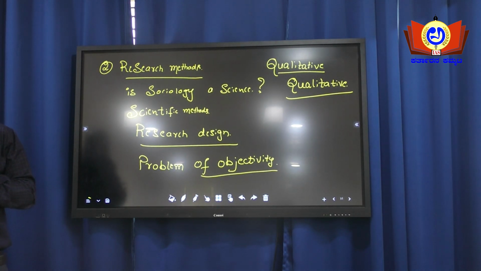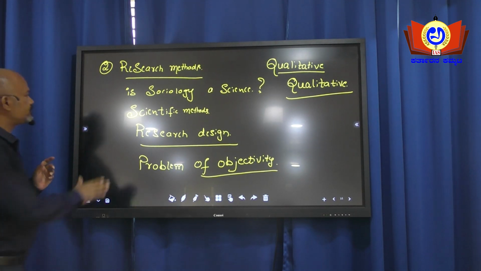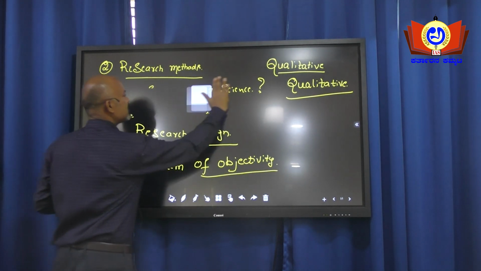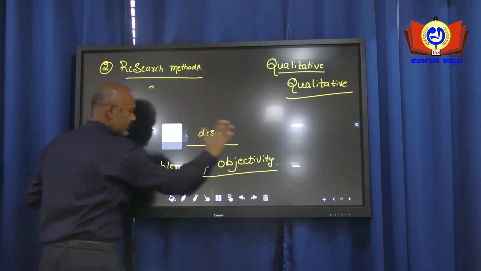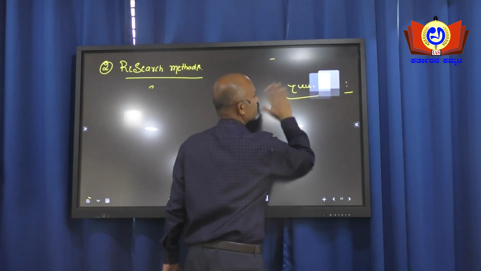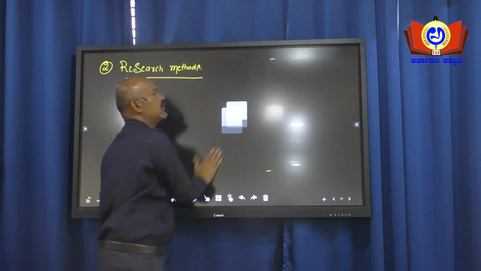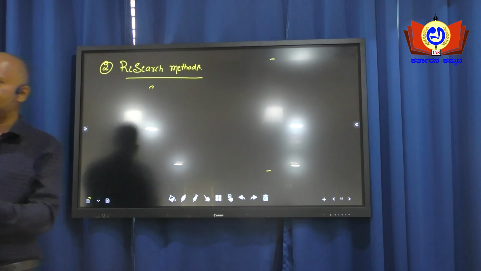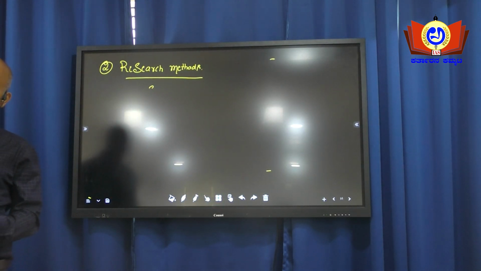Next, questionnaire and schedule. The next topic within this is questionnaire and schedule. The same thing I have told: they will go to everybody's house and the researcher will give one sheet.